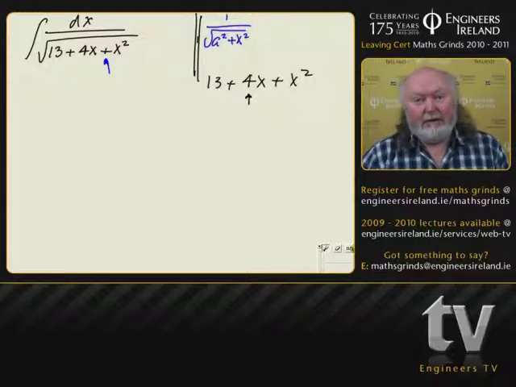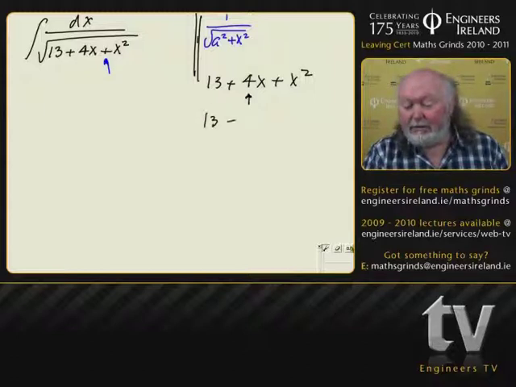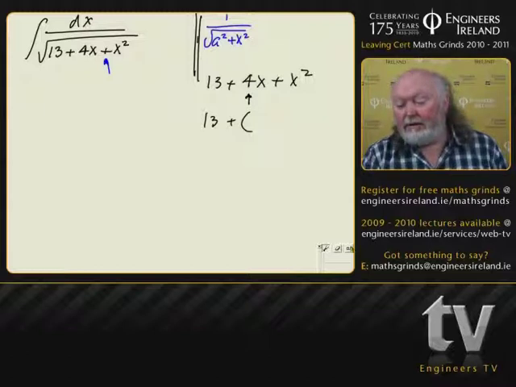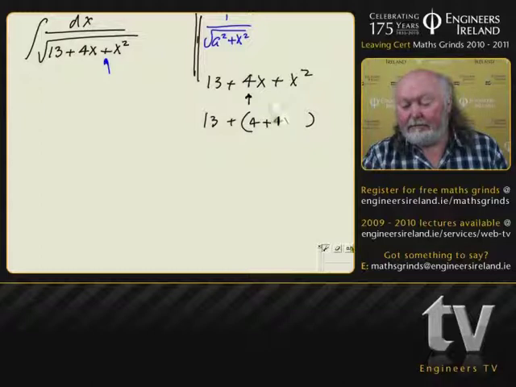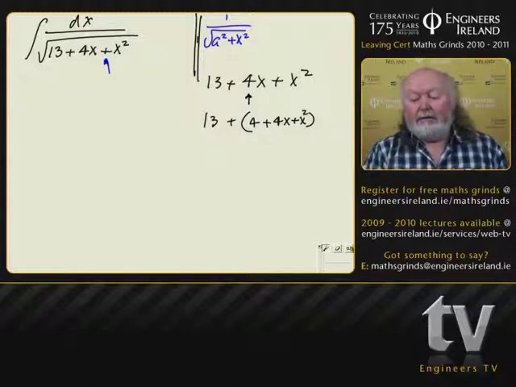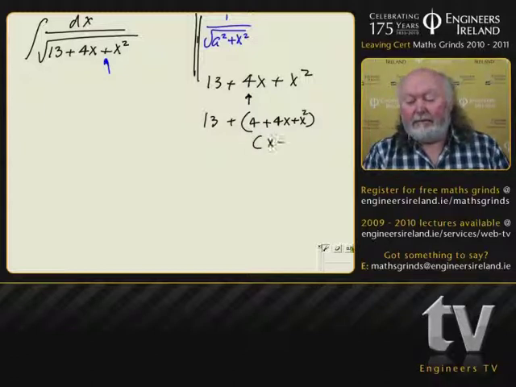This is going to be twice the number we need in the factor. So we have 13 plus, and now we will have 4, this will give us x plus 2 in here.